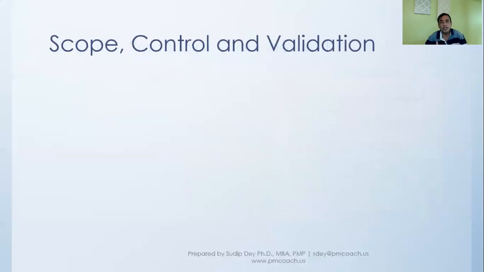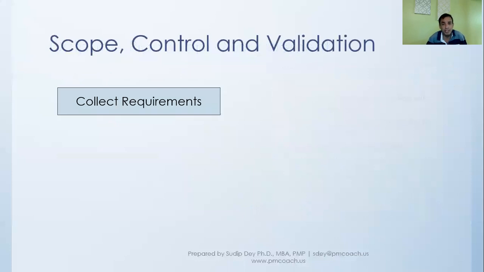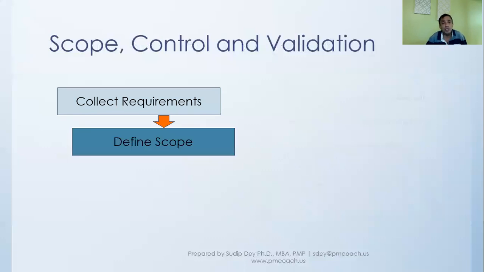Now, let's look at some steps that you take. We'll be going through now, moving forward. One of the first steps that we'll take is collect requirements, or basically based on the plan that we have drawn now, we'll go and collect requirements.